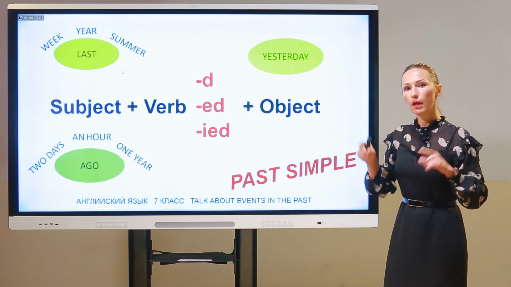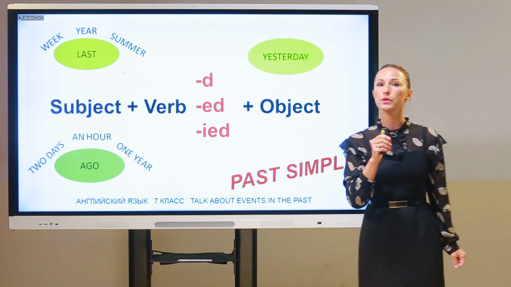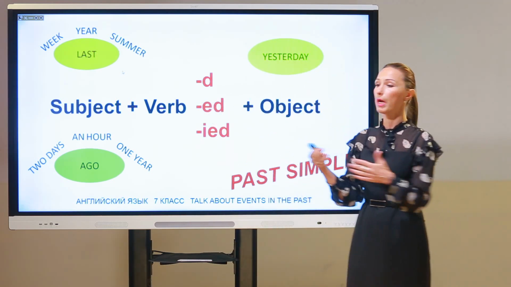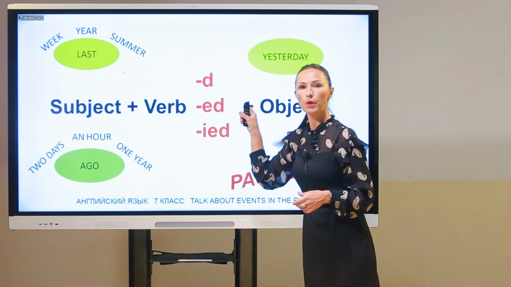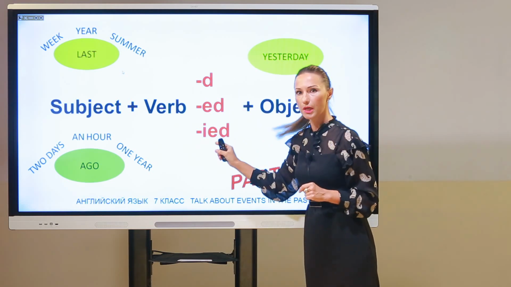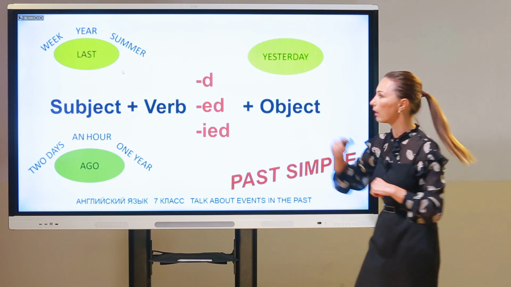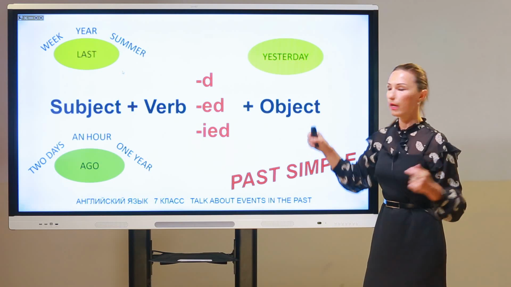So guys, if we want to talk about events in the past, we have to use a subject. Subject, it may be I, you, we, they, my mother, my friends, my family. After that we use the verb with ed endings, okay? Sometimes d, sometimes ied. And the object, for example, I used the internet when?